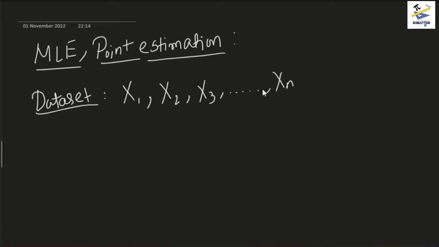Now in this data set, we can see that x1, x2 up to xn is a data set, and the properties described by this data set could be as follows. The mean is written like this with the x bar. It is called the sample mean because we believe that this data set x1 up to xn, if it is not the population, then it was taken from the population by some sampling method.